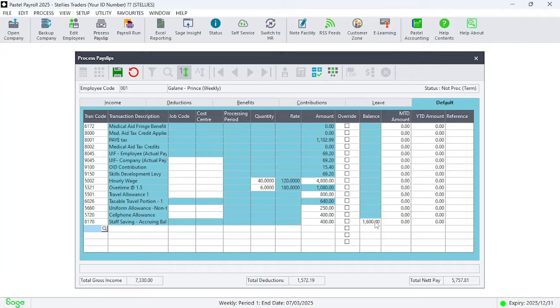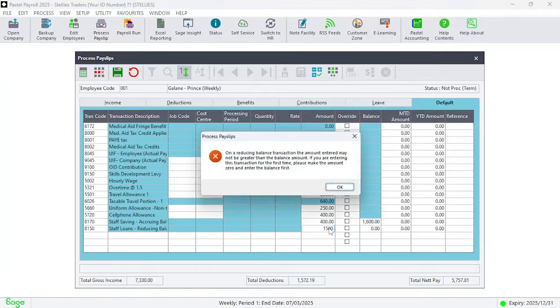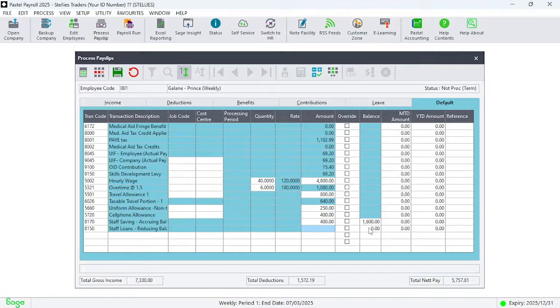The next one is the loan, and that is 8150. Be mindful of this loan. You are always going to start off by entering the balance. Let us do this here by putting in the monthly figure. See, you get an error message. So you are forced to capture your balance as I had taught you initially.